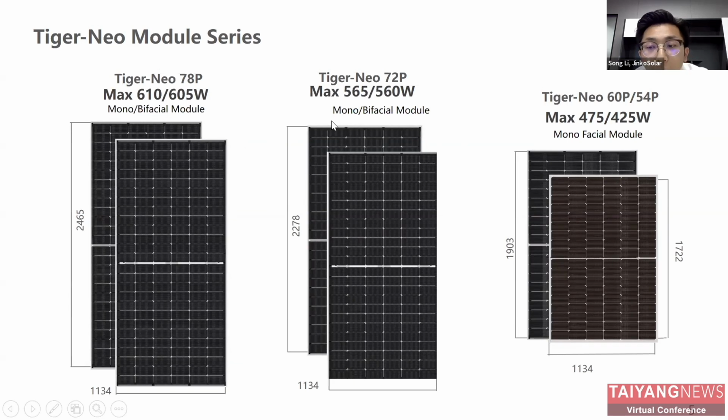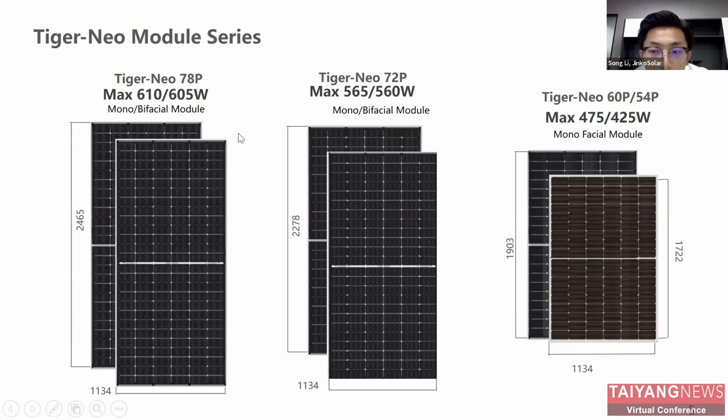We can meet the needs of household, industrial and commercial customers, and also large-scale ground power stations. In case of a small roof area or a roof that is uneven or broken, it is recommended to refer to the smaller versions, these 60 and 54 pieces. These are the current N-type portfolios.